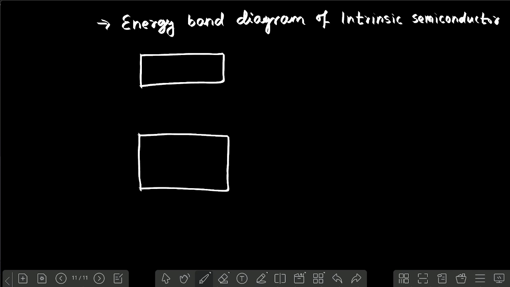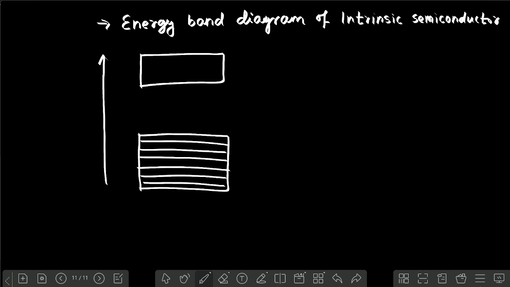Here you take electron energy, and here I'll keep some energy levels like this. In the conduction band also I'll keep some energy levels. And this diagram, whatever I am doing, that is the energy band diagram. Listen carefully, all of you. This is for T equal to 0 Kelvin. I am doing the diagram at T equal to 0 Kelvin. And here I have taken electron energy.